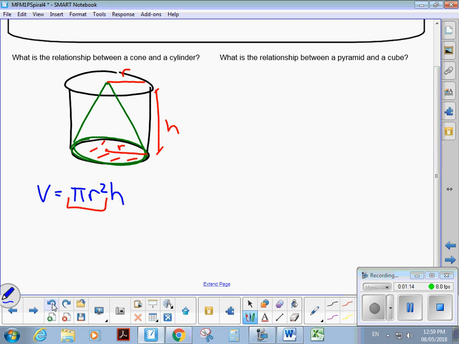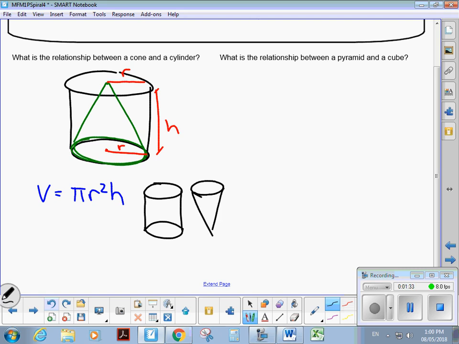The cone itself, again, if this was in a regular class with me, we would do a quick demonstration. And what we would find is that if I took that cylinder and the cone, and I poured water into the cylinder, we would find that it takes 3 of these to fill one cylinder.